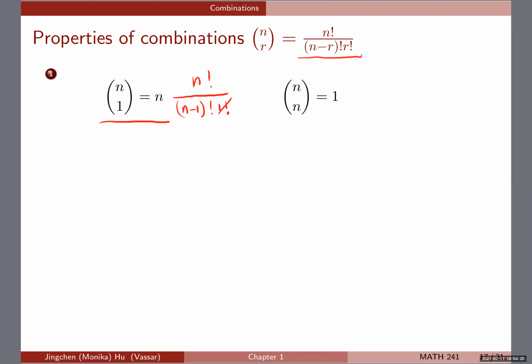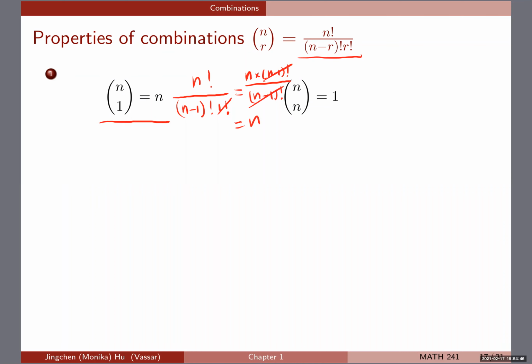And that 1 factorial is 1, so we don't have to consider it. Then this n factorial divided by n minus 1 factorial, the top is really n times n minus 1 factorial based on the definition of n factorial. So the second term gets canceled out with the bottom, so you're left with n, okay?